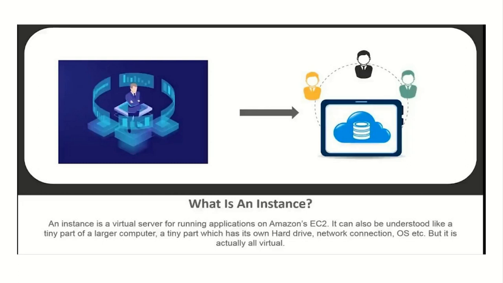If we are running application A in part A and application B in part B of our server, these applications have the feeling that they are running individually on that system, and there is no other system running on top of it. This is what virtualization is. It creates a virtual environment for our application to run, and one such instance of this virtual environment is called an instance.